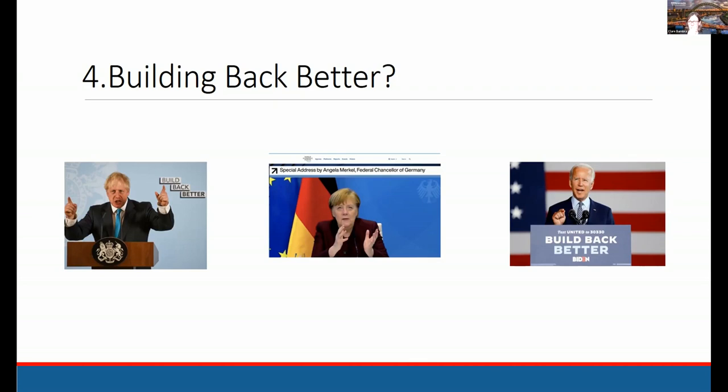And certainly we can see that politicians, in different countries across the spectrum, have been talking about this idea of building back better, levelling up, however we want to phrase it, after the pandemic.